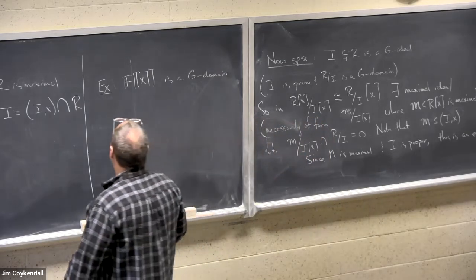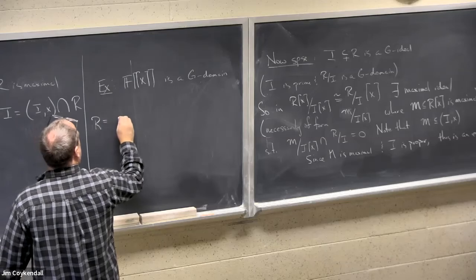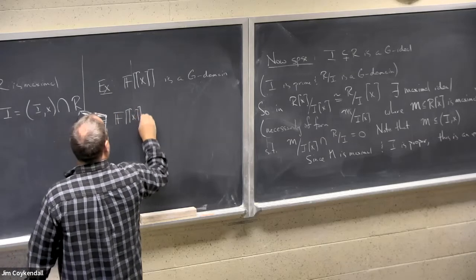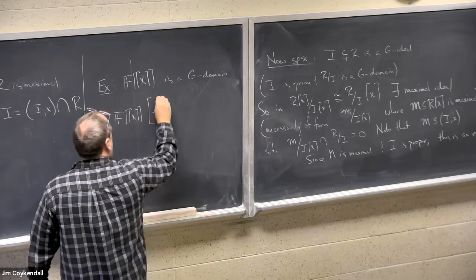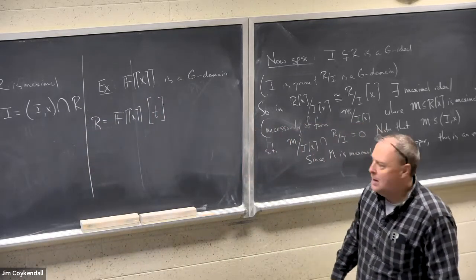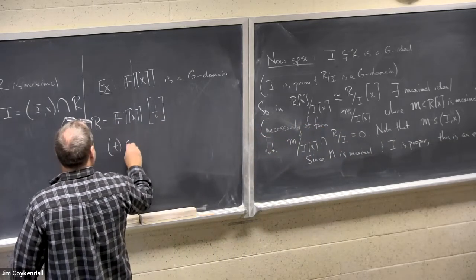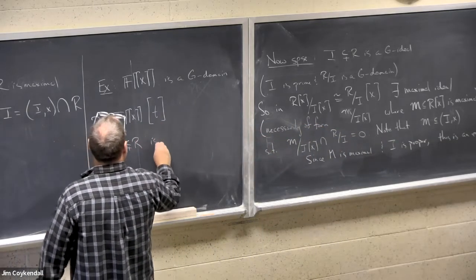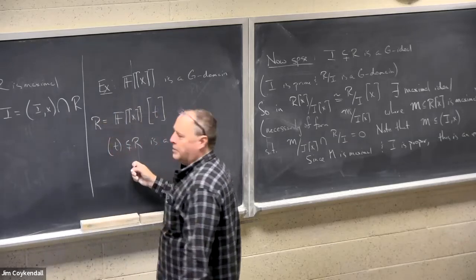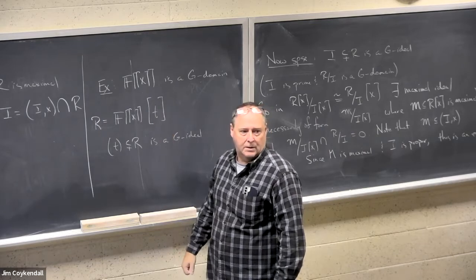So consider R equals, notice that T is certainly prime, and when you mod out, you get this T domain, right?